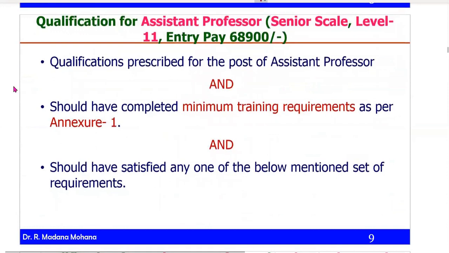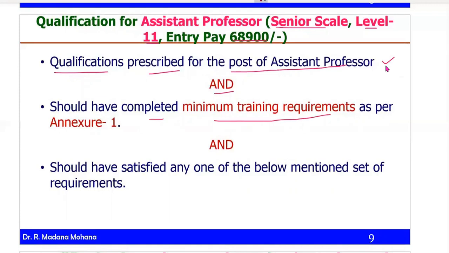qualifications for assistant professor. Then coming to assistant professor with the senior scale, that is level 10. So the entry pay is 68,900. So the same qualifications as in assistant professor entry level should be satisfied. Qualifications prescribed for the post of assistant professor need to be satisfied and should have completed minimum training requirements as per the annexure shown at the end.